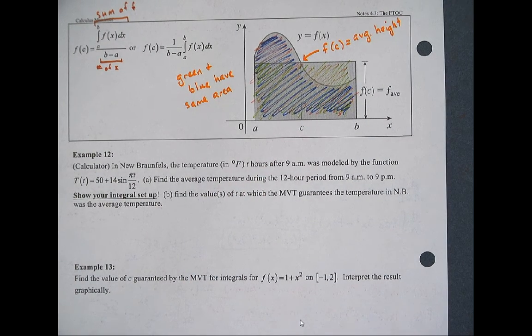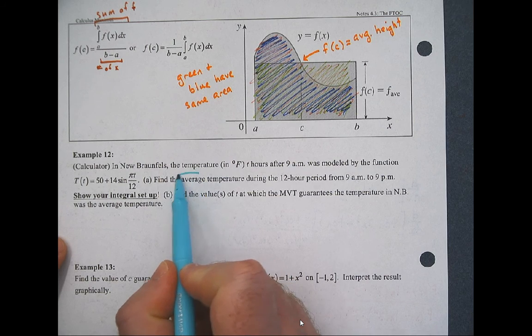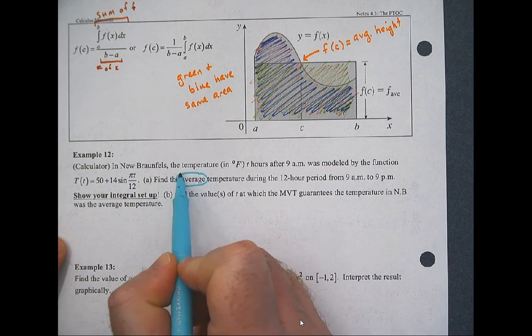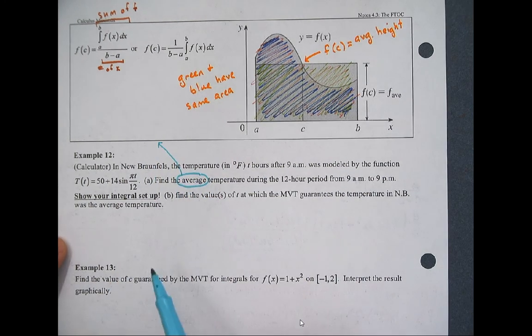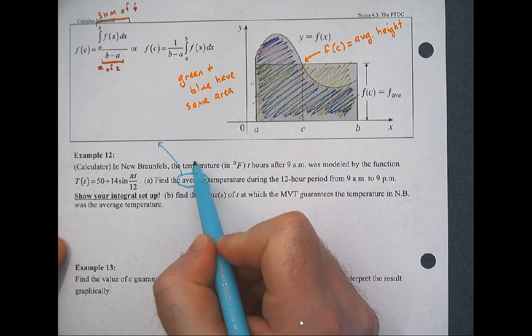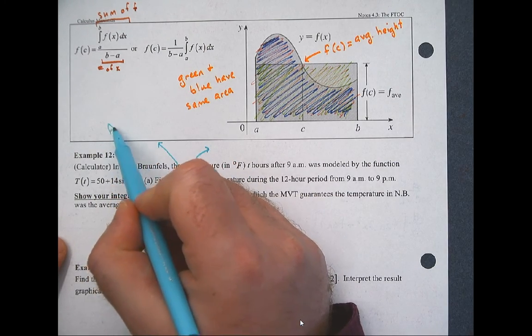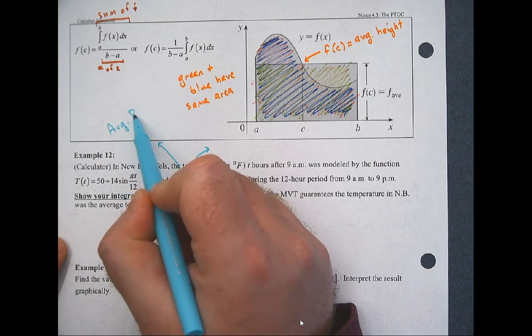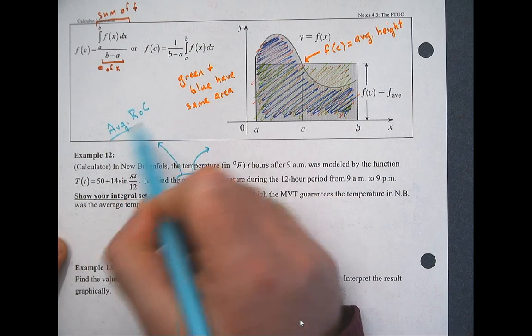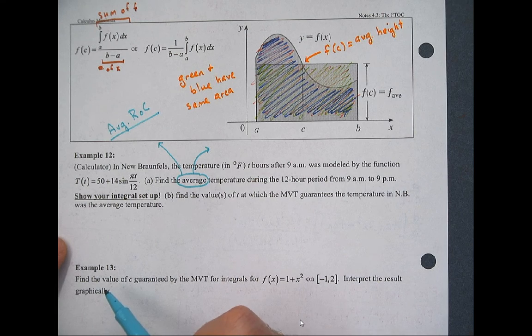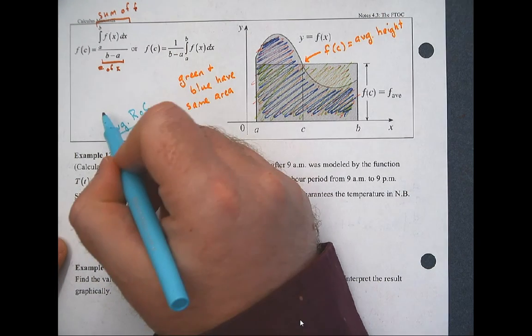Now I want to highlight something here. You've got to be careful when you see the word average. There are two different types of averages. There's what's called the average rate of change. The average rate of change means average slope.